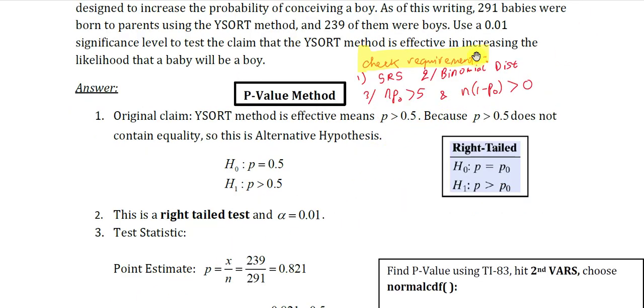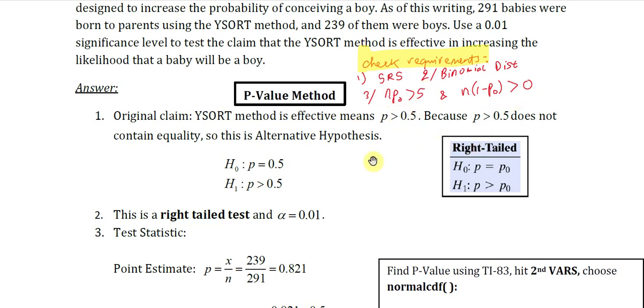So this proportion now is 0.821, and multiply that by n, which gives me bigger than 5, and also multiply by 1 minus p0 is also bigger than 5. This is a typo here. So yes, we are good for the requirements.